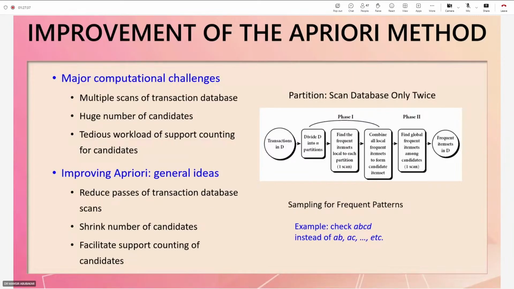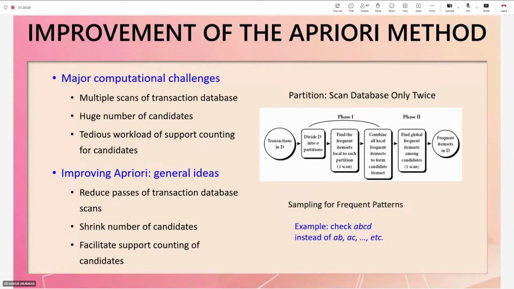The general idea is to reduce the passes of transaction database scans, that is, the multiple scanning which we have here needs to be reduced, which is critical. So that is one way the performance of the Apriori algorithm can be improved. The second one is to shrink the number of candidates, especially as we said there is a huge number of candidates.